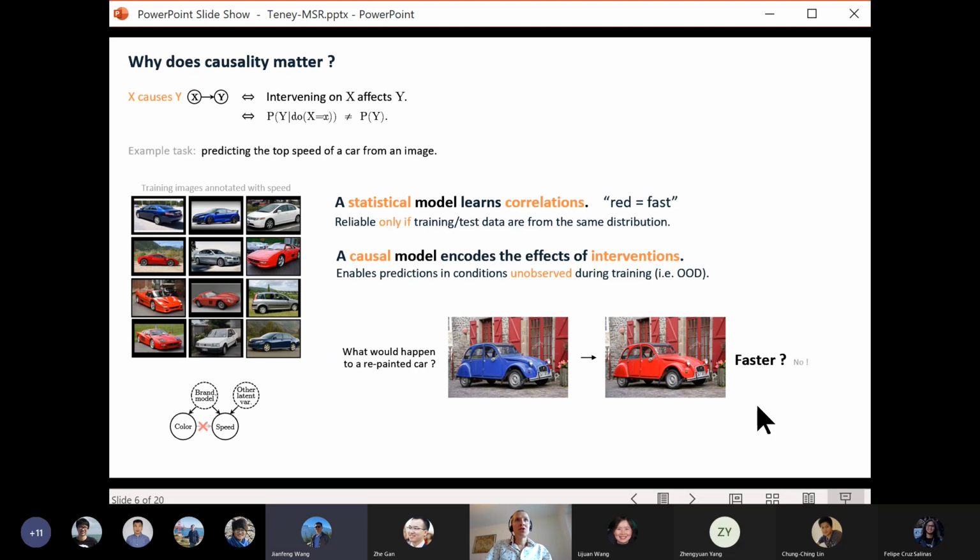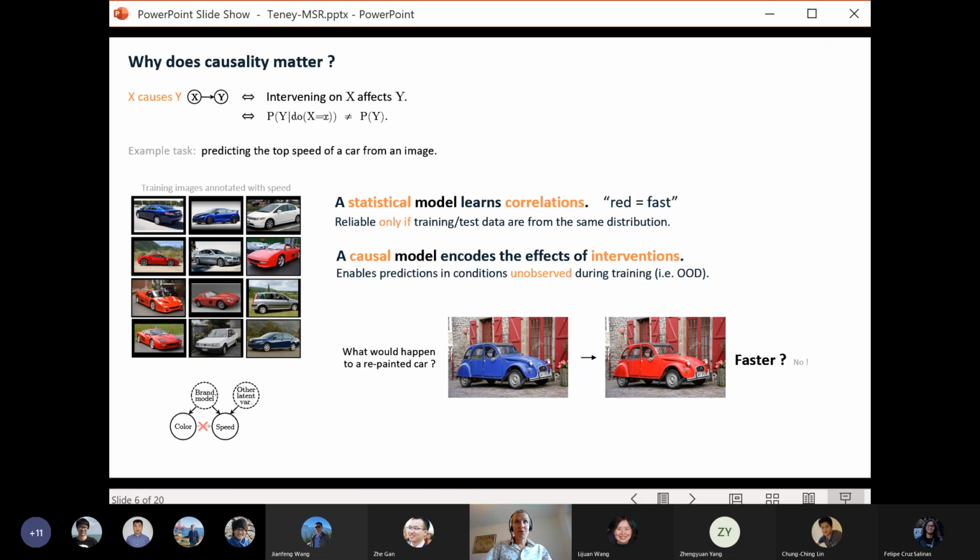So the idea of a causal model is that we encode the effect of interventions. That is, what would happen to the speed of the car if we were to repaint it. So obviously it's not going to get any faster. So with a causal model, we can make predictions now about conditions that were not in the training data. And that's basically the definition of out-of-distribution generalization.